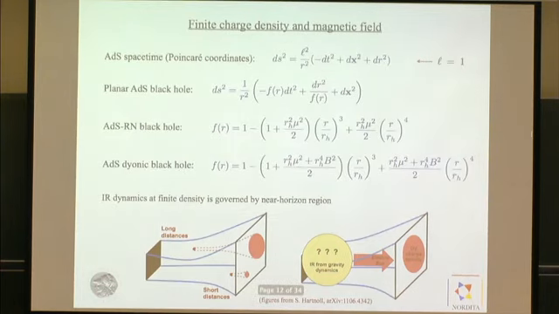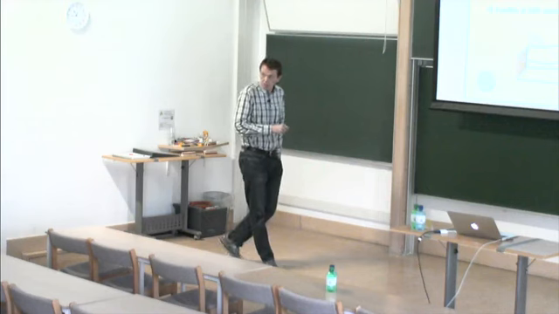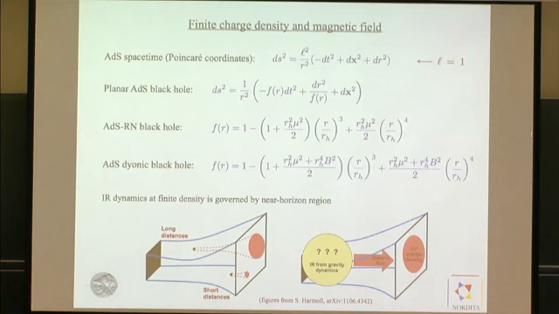Okay, so I've sort of gone through this already, but let me just define some notation here. So the starting point is ADS space-time, and then we will consider static black hole solutions, and these will be planar black holes. So the horizon is planar, and then if you want to add the charge density, you put a chemical potential into your background, and that gives you the Reissner-Nordström solution.